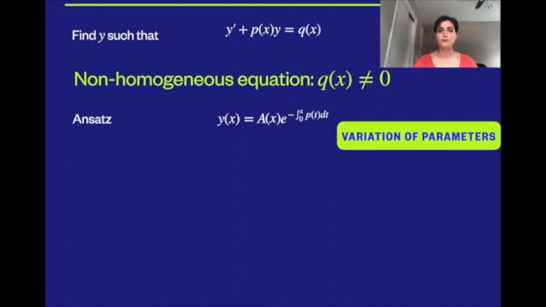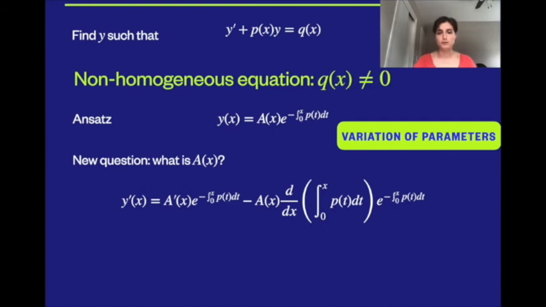This is what we call variation of parameters. In the first equation, a was just a fixed parameter. Now it can vary over x. And we want to see if this option for y is a possibility to solve our equation. So we have shifted the question from what is y to what is a(x).